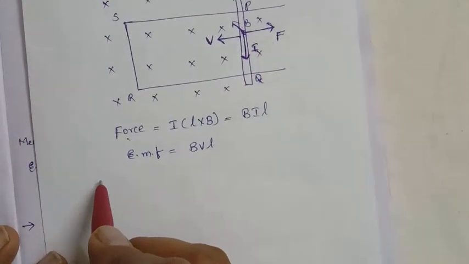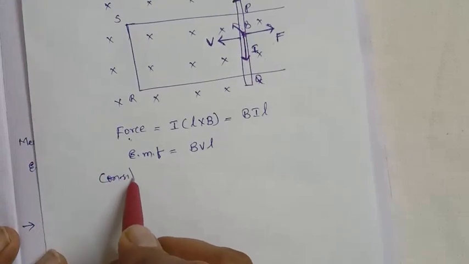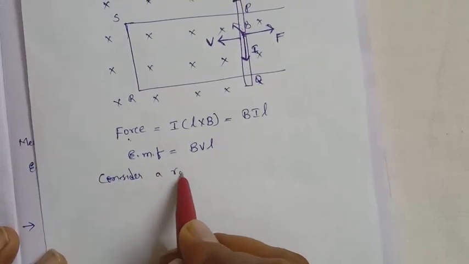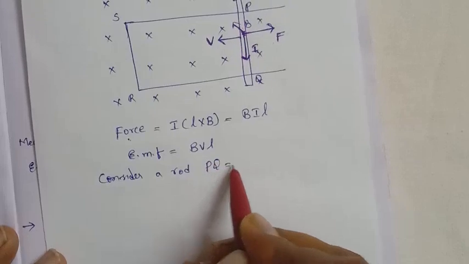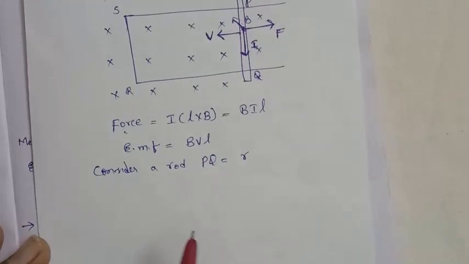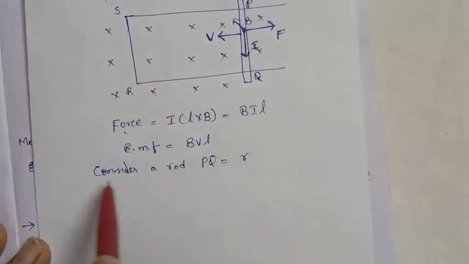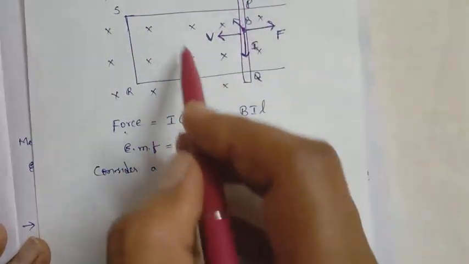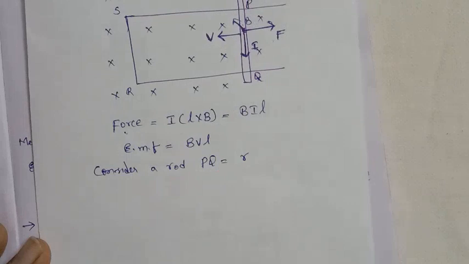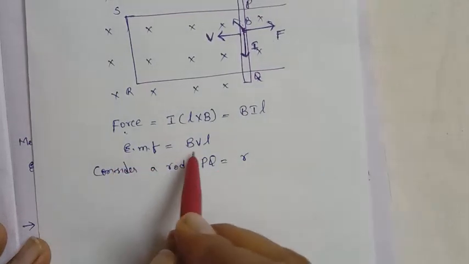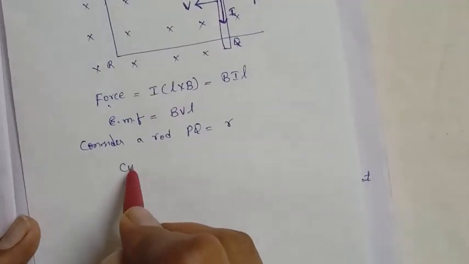First of all, consider the rod PQ having some resistance R, and neglect the resistance of the remaining arms. So the complete loop has a resistance, which you take as R. Then that is the induced EMF. Then what is the current?